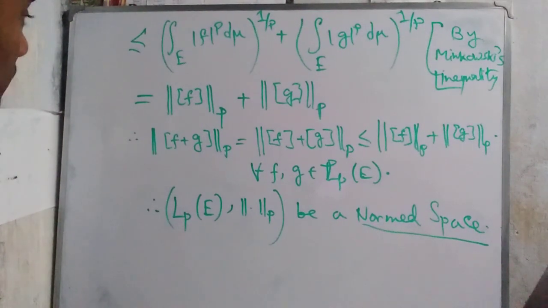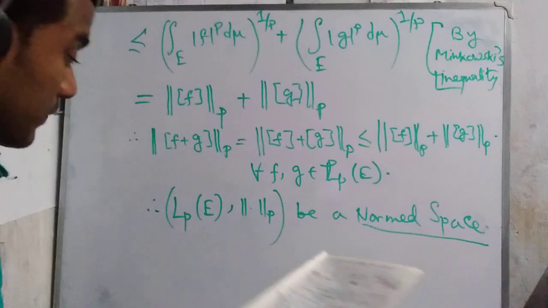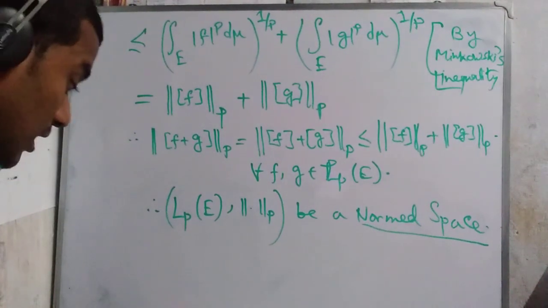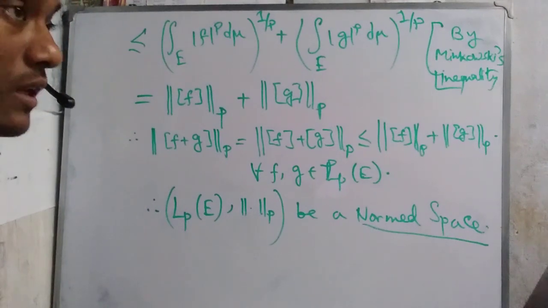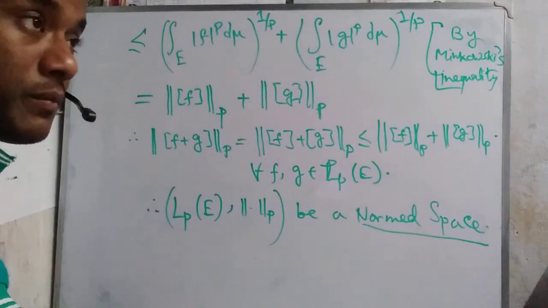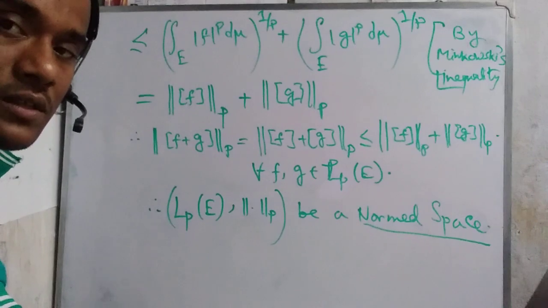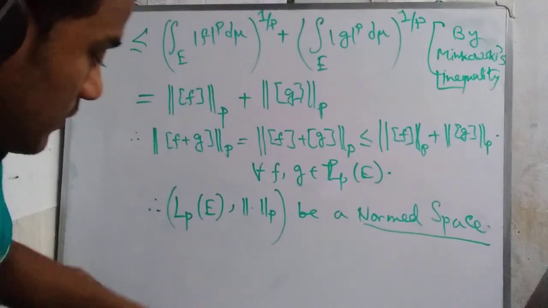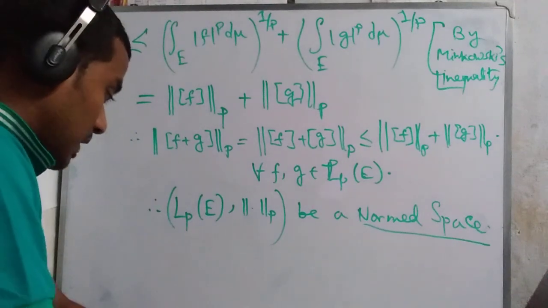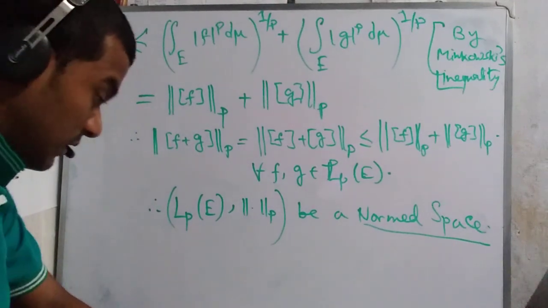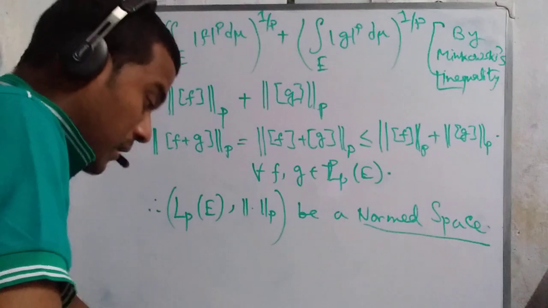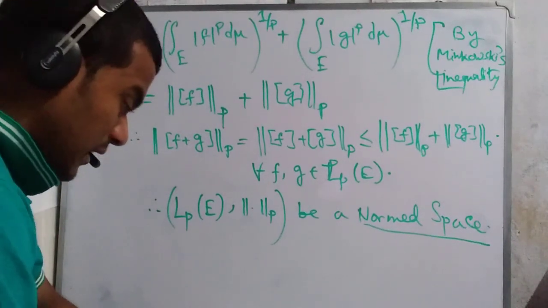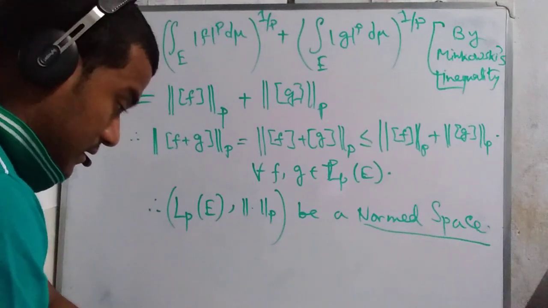Okay, so we also proved that the equivalence classes of elements of script L^p(E), equal to L^p, that means this L^p space with respect to norm p is a normed space. Okay.